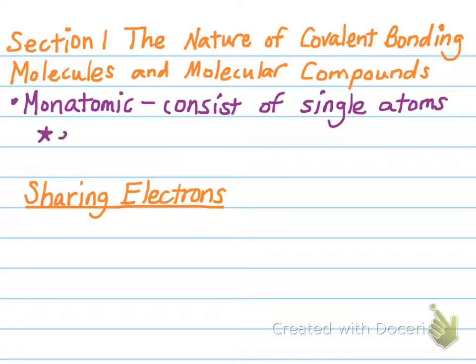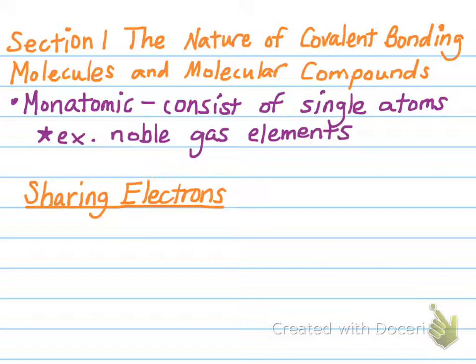For example, the noble gas elements are all monatomic because they don't get involved in forming chemical compounds and bonds, and so they always exist as single atoms rather than being bonded to something else.